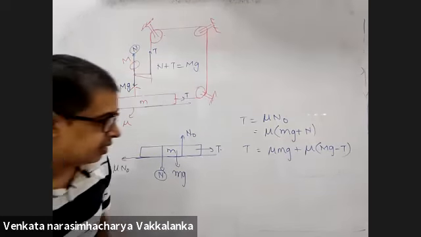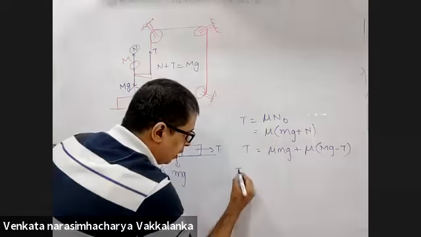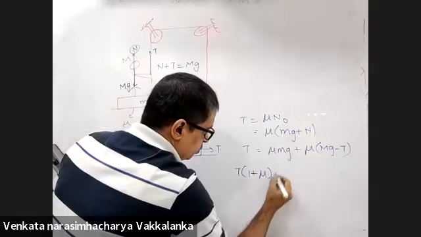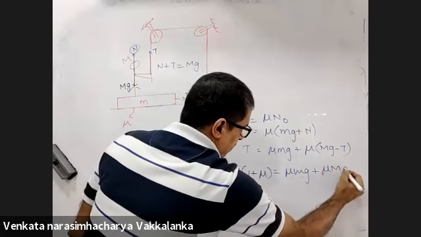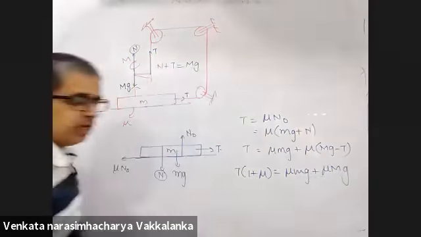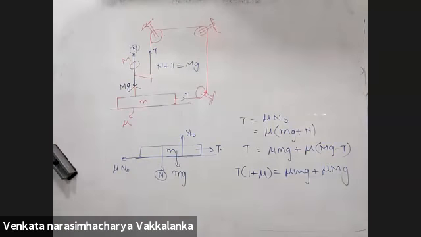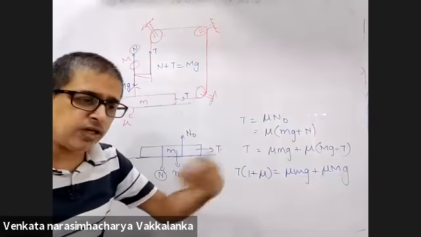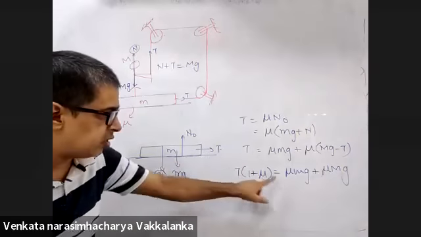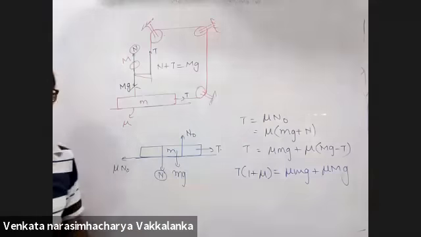Where many of you might have gone wrong is you might have taken N equal to capital Mg. Now mu T, I pull it to the right. T into 1 plus mu is equal to mu mg plus mu capital Mg. Bring this to the denominator. That is the tension in the rope for which the plank is just in equilibrium or just about to slide. Tension greater than that, it will start to slide.